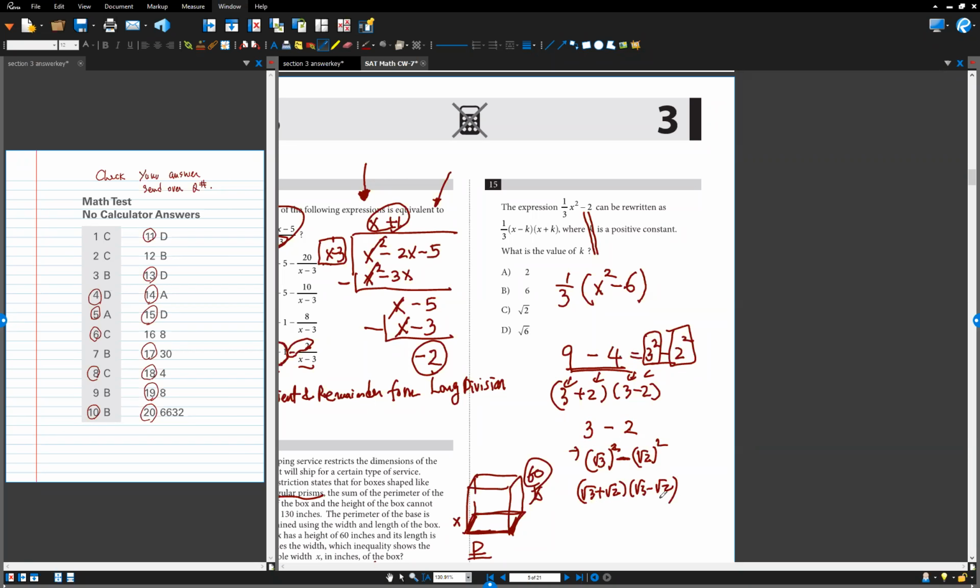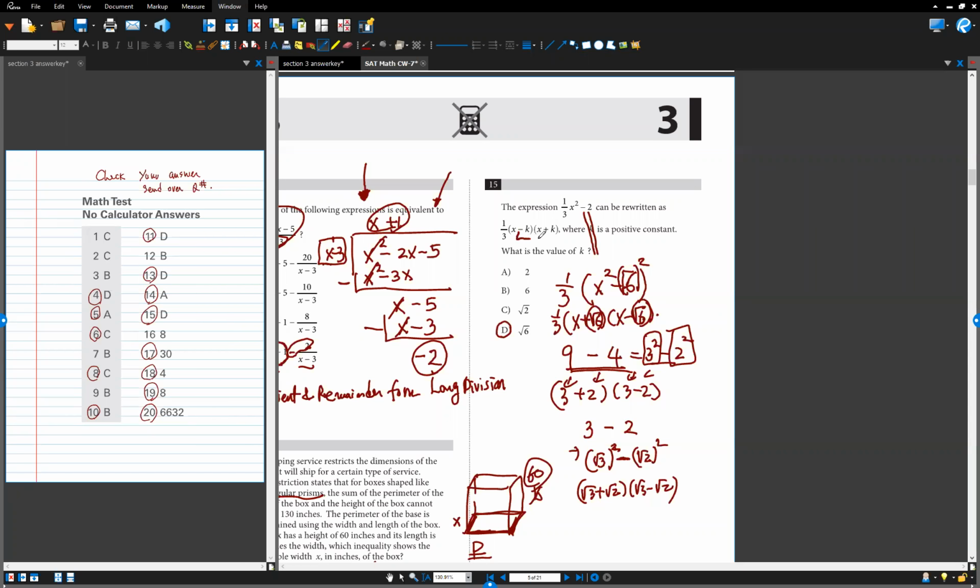This is the same thing. To make this a perfect square, we write it this way, squared. That is a difference of squares, right? What is inside? x plus root 6, x minus root 6. That's right. Actually, this is the variable k. So radical 6 is the answer.